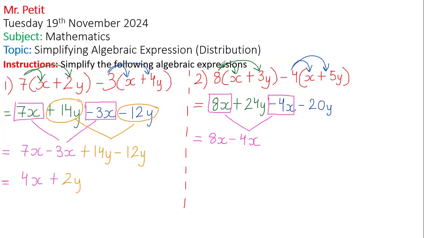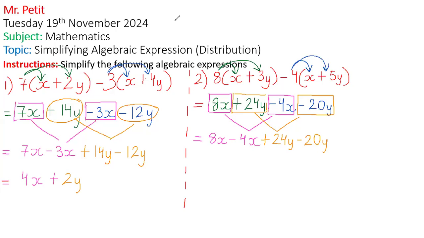And then what else are we doing now? The 24y and the negative 20y. Very good. So it's going to be plus 24y minus 20y.